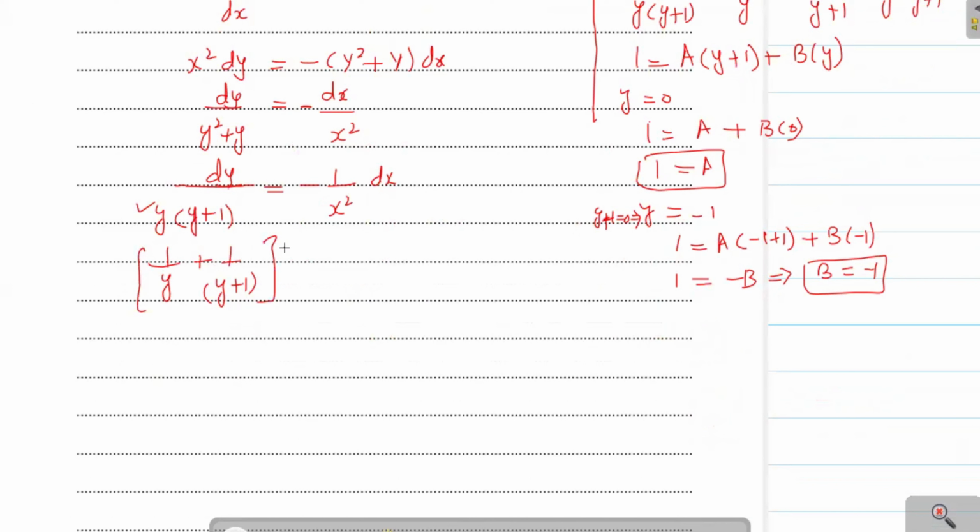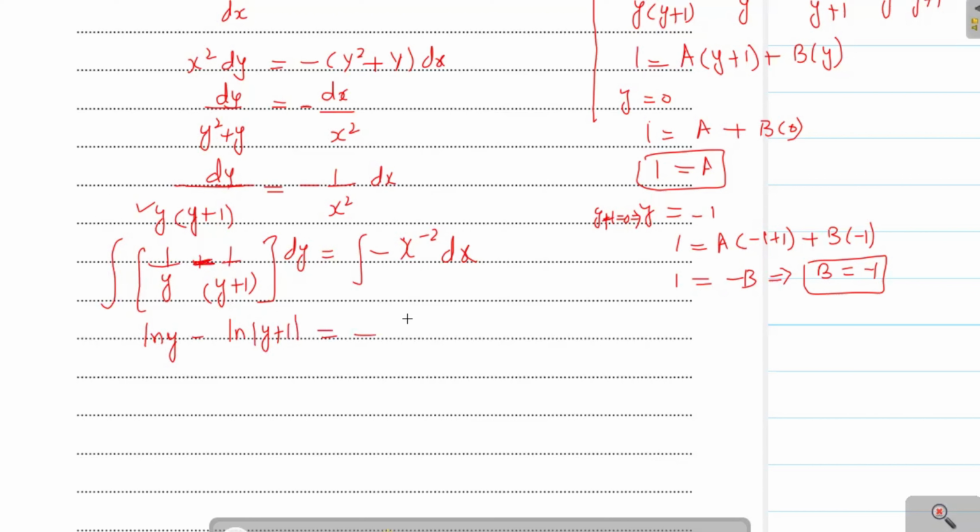Now, therefore, we can write it as (1 over y minus 1 over y plus 1) dy, and this will be equal to minus 1 over 1 into x power minus 2 dx. We take integral on both sides, and therefore this value becomes ln y minus ln (y plus 1), because integration of 1 over y is ln y, and integration of 1 over y plus 1 will be ln (y plus 1).